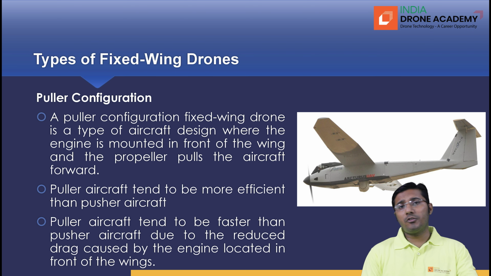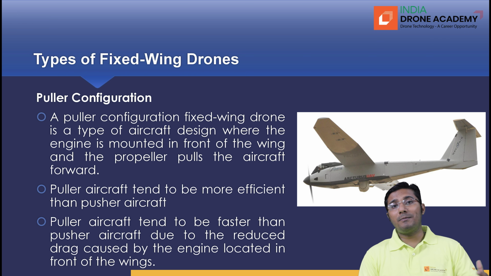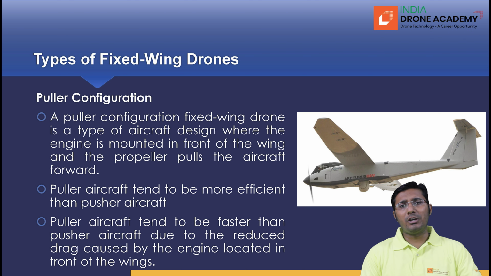We have just discussed the drawback, and that is not present here, as the free stream air approaching the propeller is very uniform and ready to be converted efficiently into thrust. And puller aircraft tend to be faster than pusher aircraft due to the reduced drag caused by the engine located in front of the wing. So drag is also less compared to the pusher aircraft.